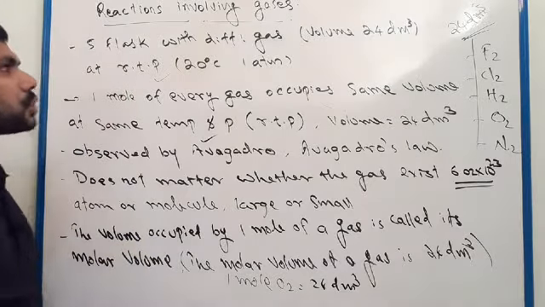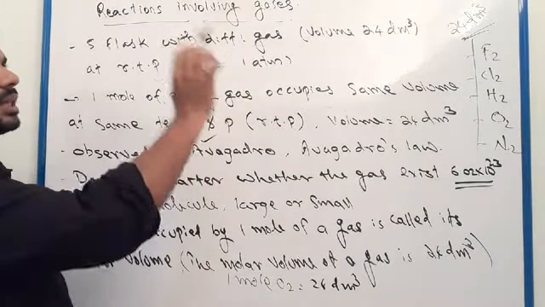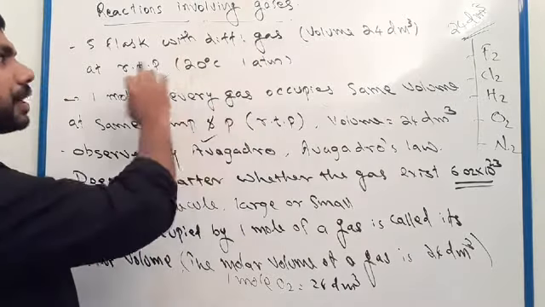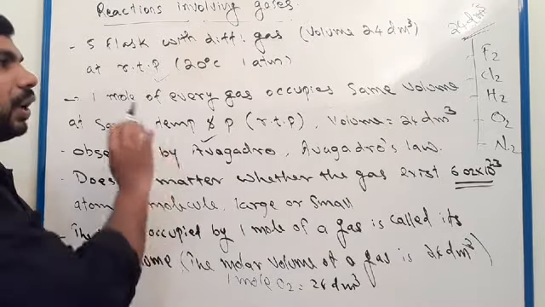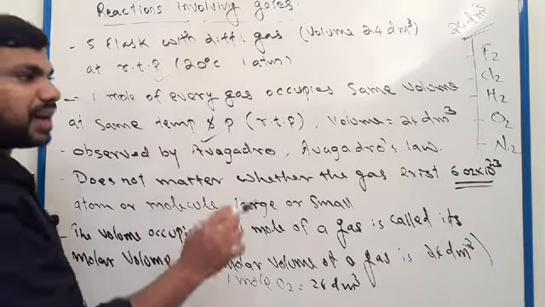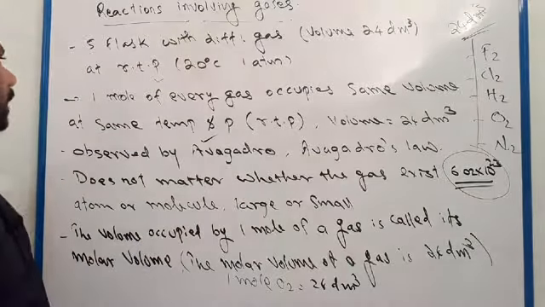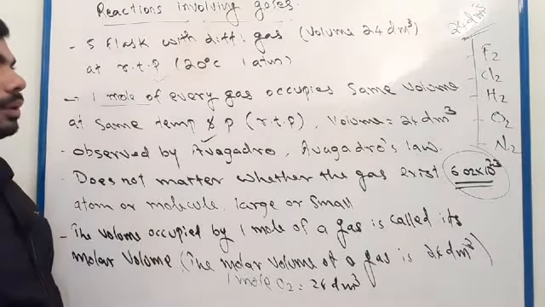Clear? So here we discussed 5 different gases in 5 different containers, their volume the same, temperature and pressure the same. So we can say all of them contain the same number of particles, and they are 1 mole.